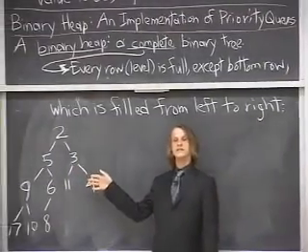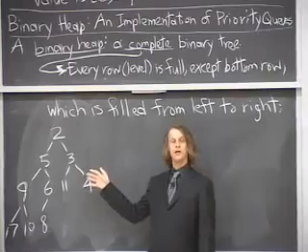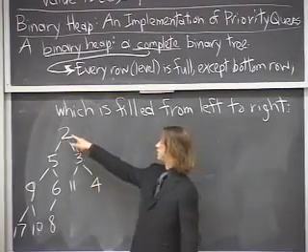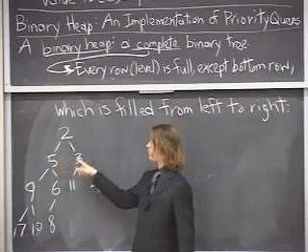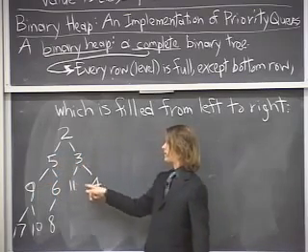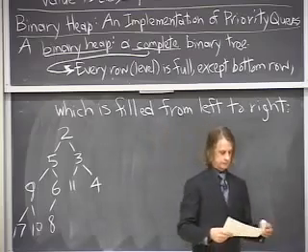If you look at this binary heap I drew over here, you can see that it satisfies the heap order property. For instance, the root node 2 is less than both of its children. This 5 is less than both of its children. This 3 is less than both of its children, and so on.